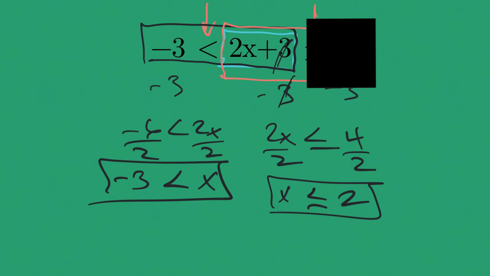So a couple things here. One, if you were solving this, and let's say this was a multiple choice kind of assessment, and you're looking for answers, here's what your answer would look like. I would probably be looking for this. They're probably going to write it in that compound look using one variable. X is greater than negative 3 and less than or equal to 2.